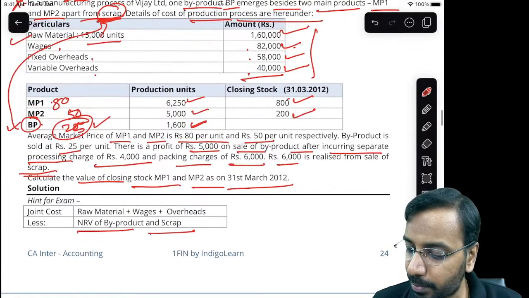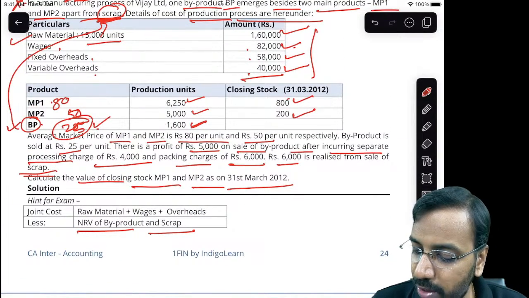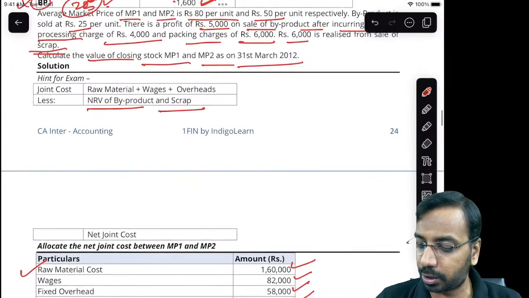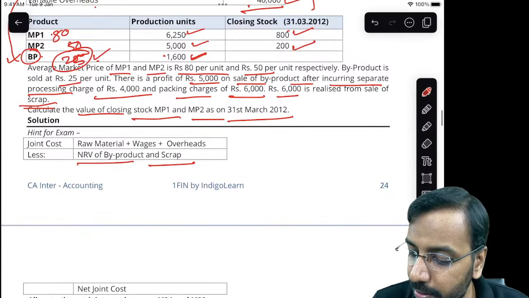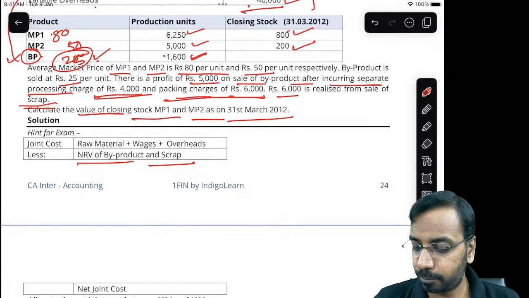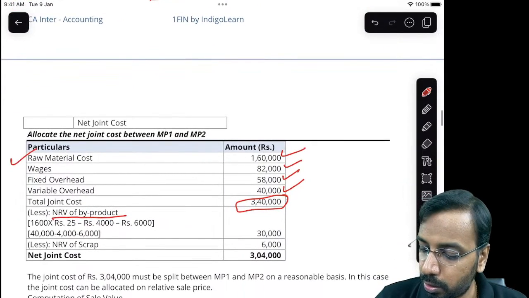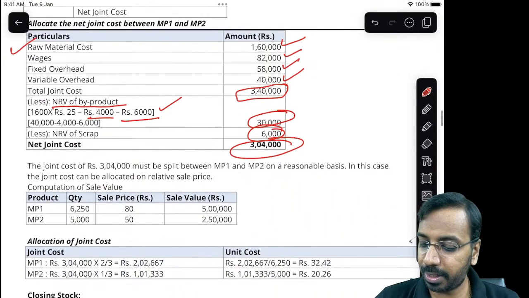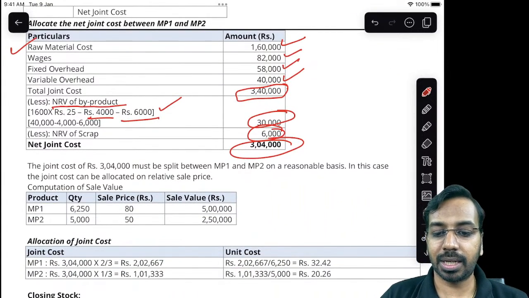Total selling price 25 into 16,000 is 40,000 minus processing charge of 4,000 and packing charge of 6,000. And sale of scrap 6,000. So you have 3,04,000.